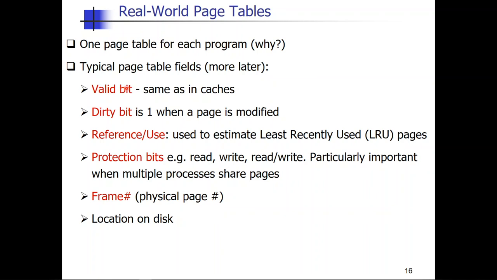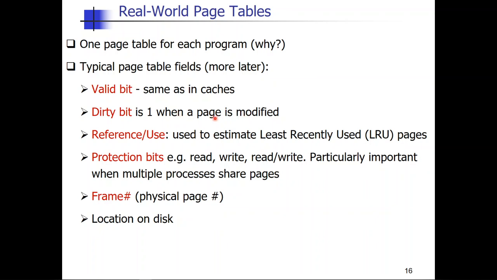The valid bit, we have seen this several times, it functions the same as it did in the cache memory. When the valid bit is 1, that means that the page table has information about a frame. If it is 0, it could be on the disk. Dirty bit: if it is 1, that suggests that the page has been modified, just as in the previous example we discussed.